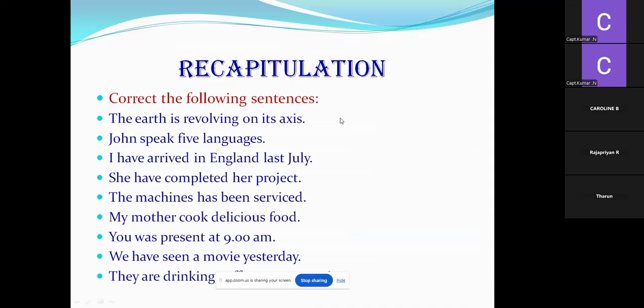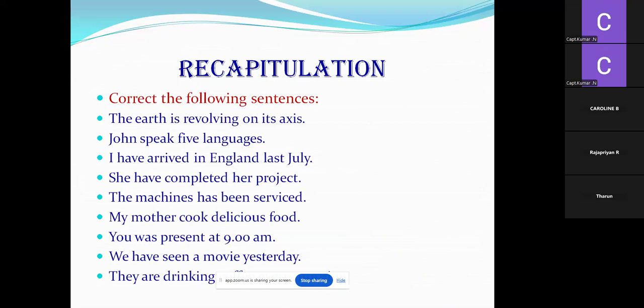The first one, the earth is revolving on its axis. Can you find the mistake? See, the sentence speaks about the earth. The earth is part of the universe, and the sentence speaks about a universal truth. Is revolving is present continuous tense.